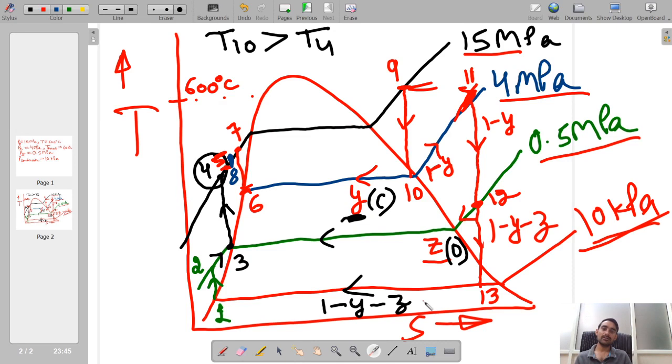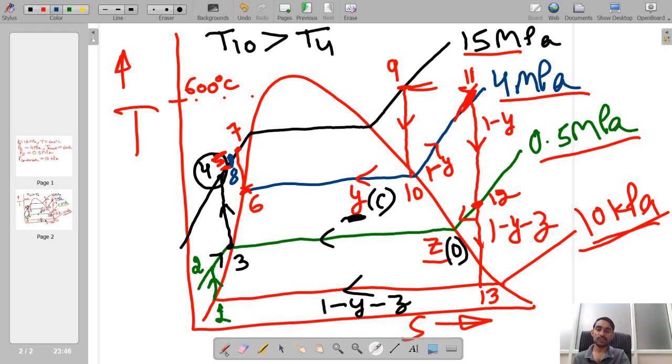Okay, so this is coming from our knowledge of the open and closed feed water heaters. One important point you have to remember is that I have drawn this diagram by considering random values, so all these pressure lines are not in proper scale. That's why the temperature of point 4, as per the diagram, appears to be more than the temperature of point number 10.